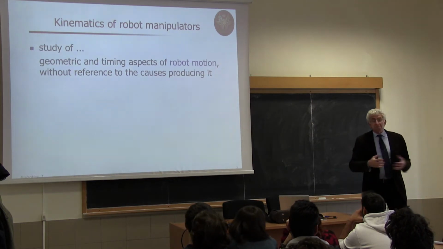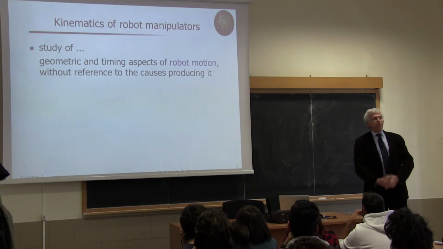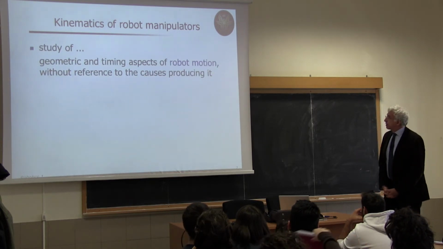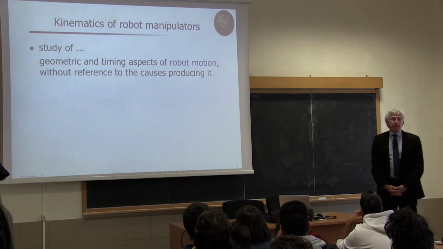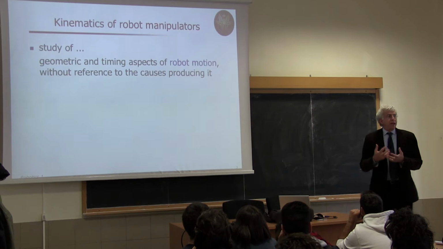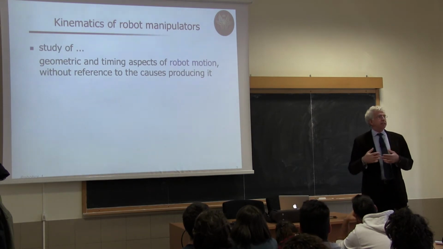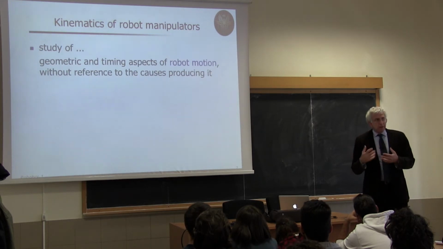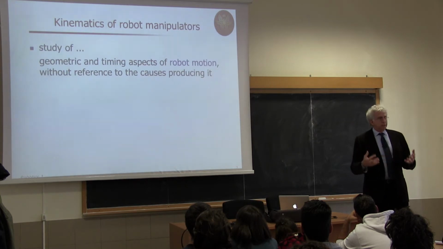Geometry means no time, no motion, in fact, but a description of different postures of the robot arm depending on joint variables. And timing aspect means we add to this the fact that time is passing by, so we will be interested later on in differential kinematics, which describes the relationship between velocities or accelerations and so on.